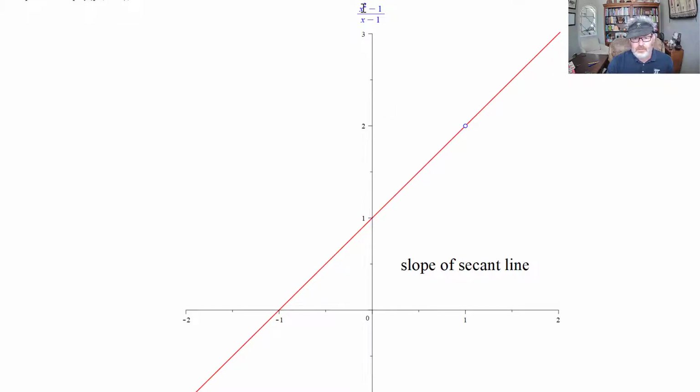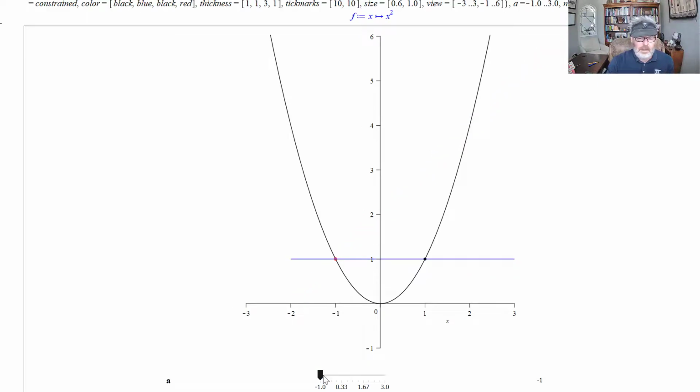So again, at x equals 1, I have 1 minus 1 over 1 minus 1, 0 over 0. So there's a hole in this graph of the secant if I do change in y over the change in x. I start at x equals negative 1, let x approach positive 1, and draw all the secants.